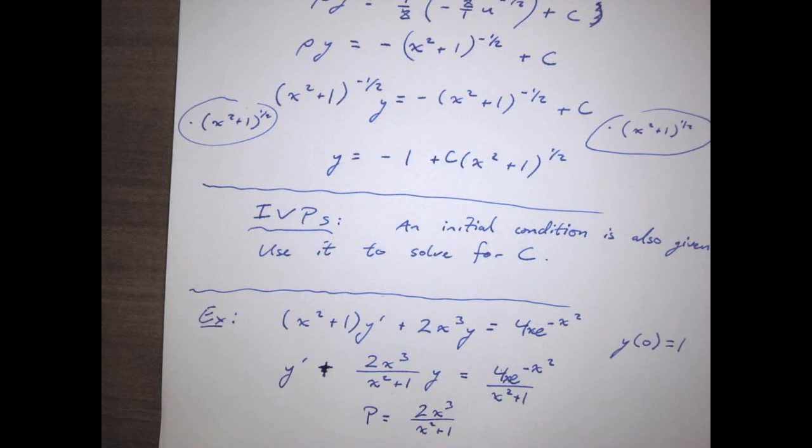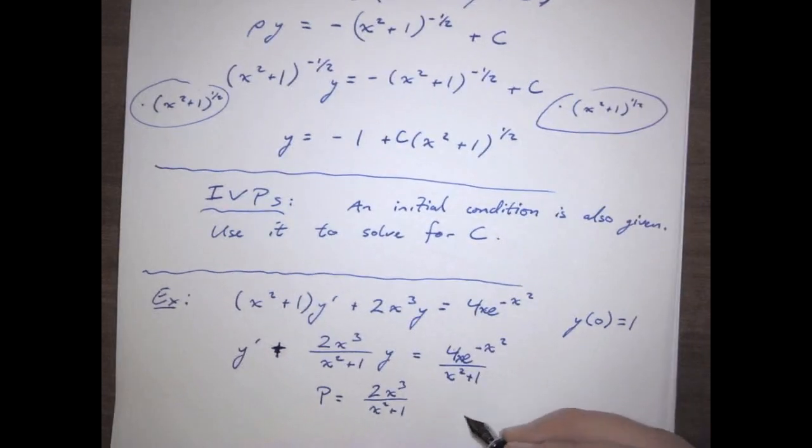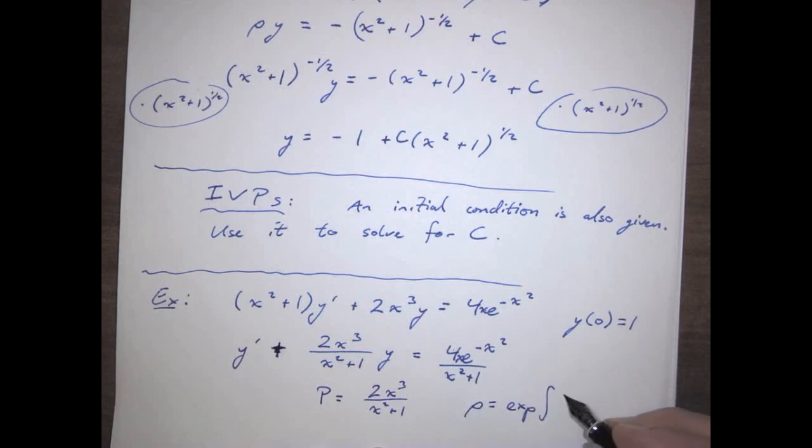Now this is a case of a function that when we are going to have to take the integral, we're going to have to be a little bit careful here. So that means rho is going to be exp integral 2x cubed over x squared plus 1 dx.